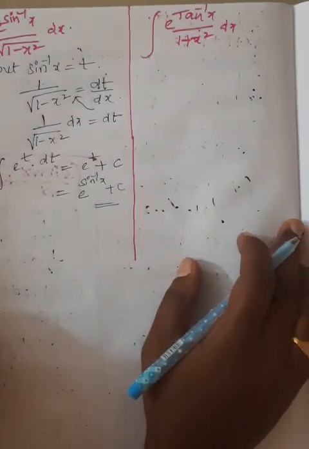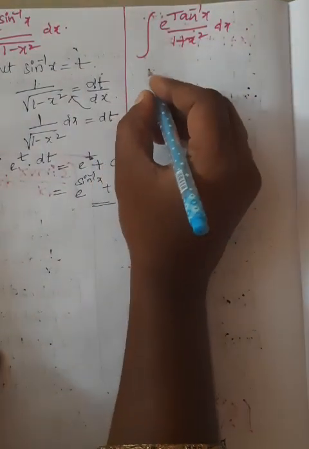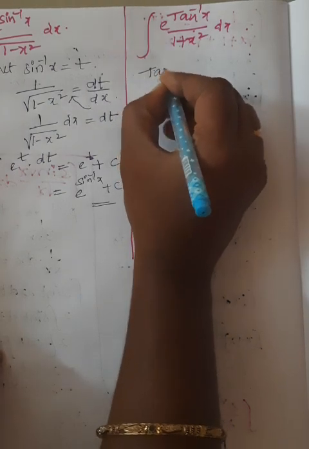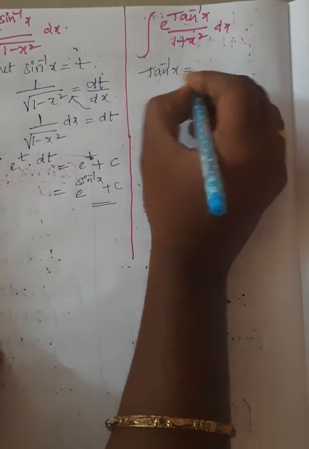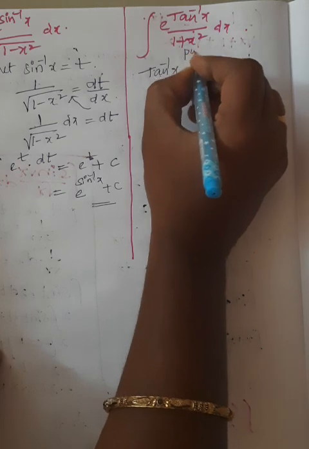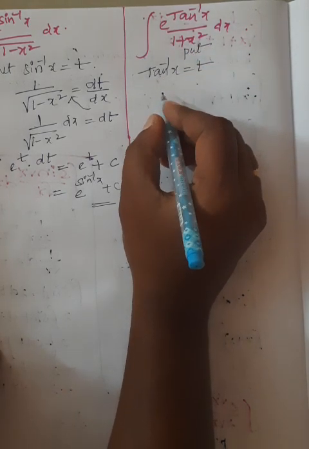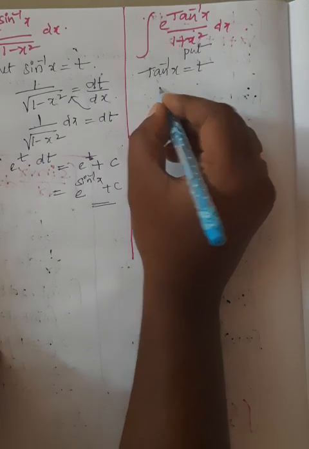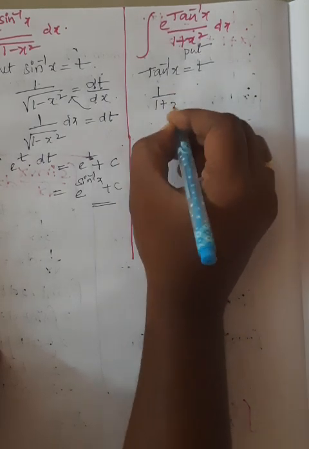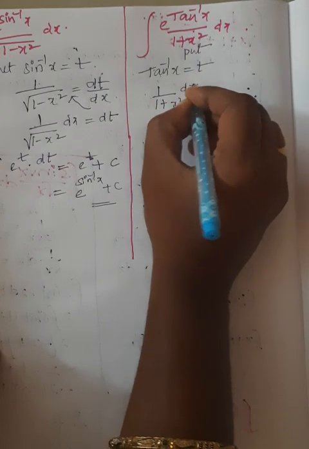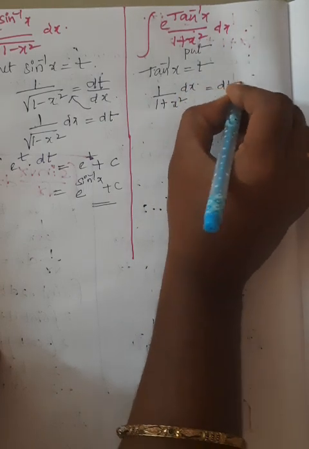Similarly we can solve this question also. We have to consider tan inverse x equal to t. Put tan inverse x equal to t. Then we have to differentiate both sides. The differentiation of tan inverse x is 1 by 1 plus x square, so 1 by 1 plus x square into dx is equal to dt.